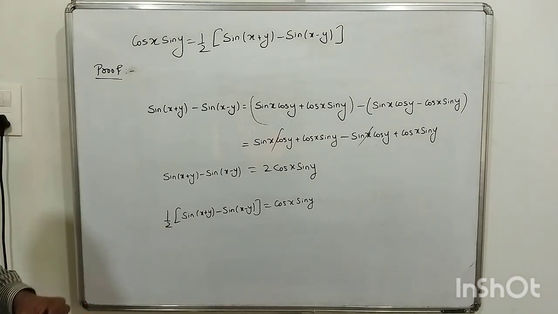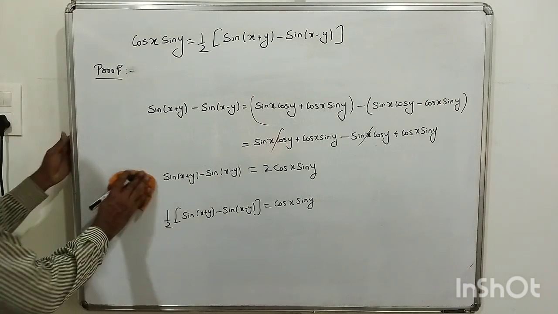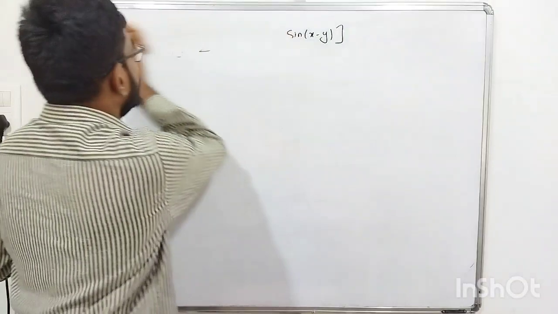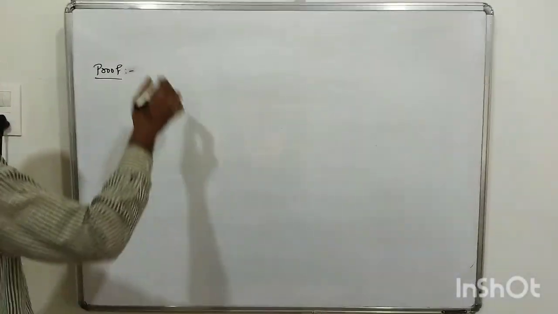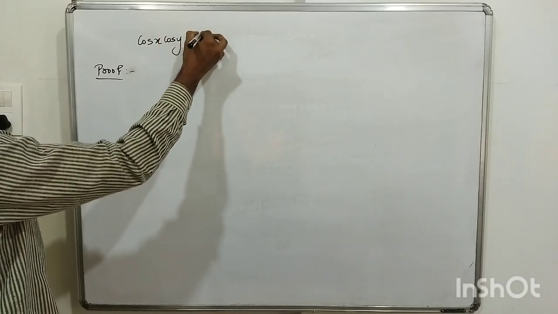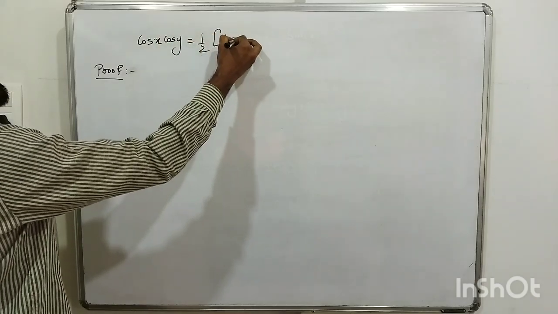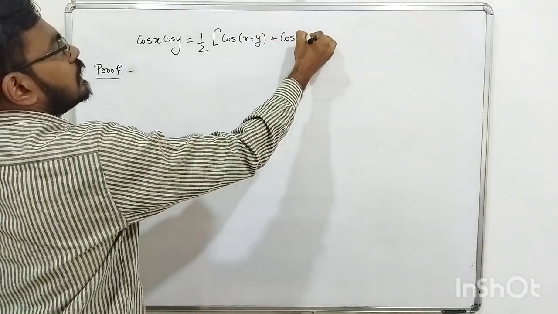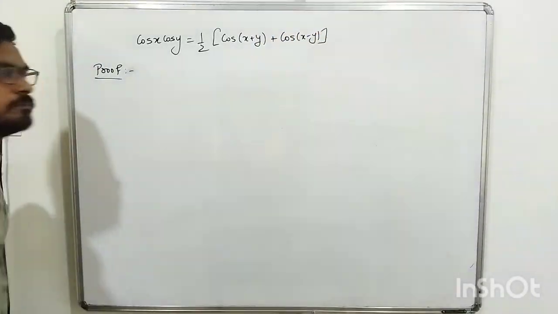Similarly, cos x cos y and sin x sin y. The third formula is cos x cos y is equal to half of cos(x plus y) plus cos(x minus y). And again, how do we derive this?